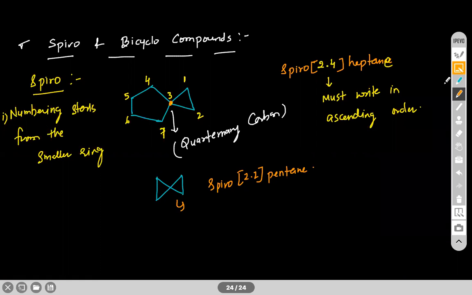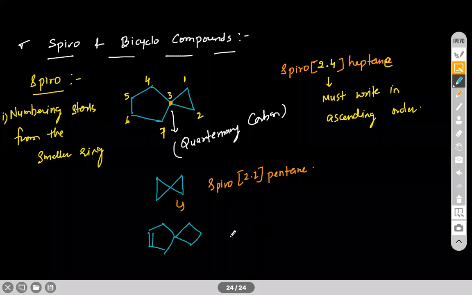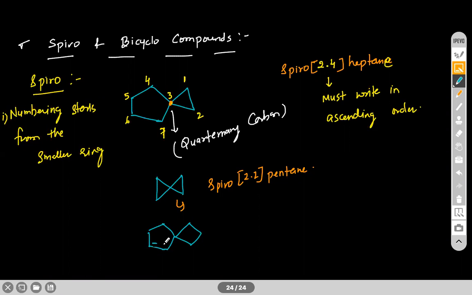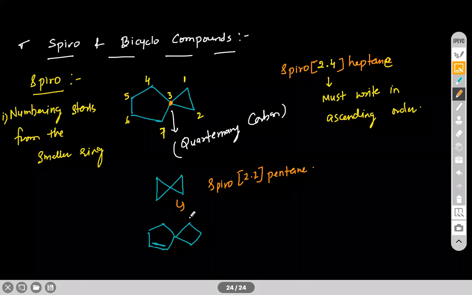What is the name of this molecule? This one. We'll start numbering from here, 1, 2, 3, 4.